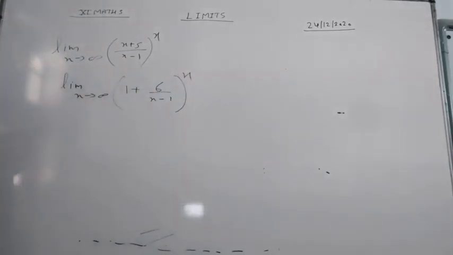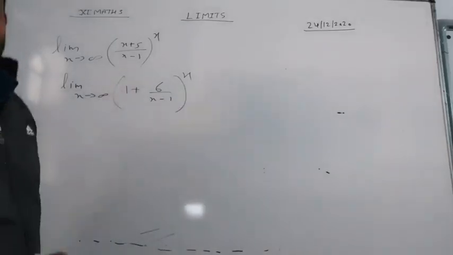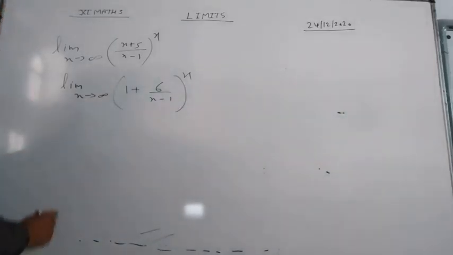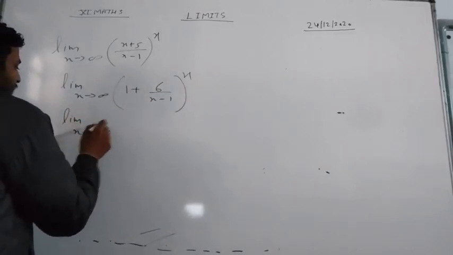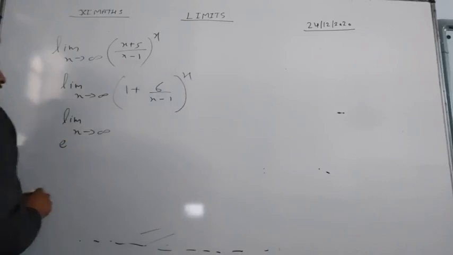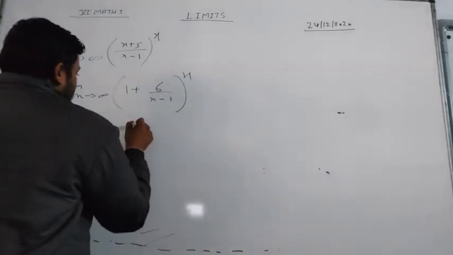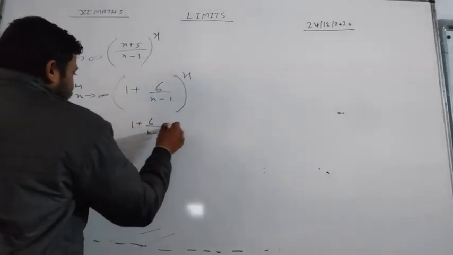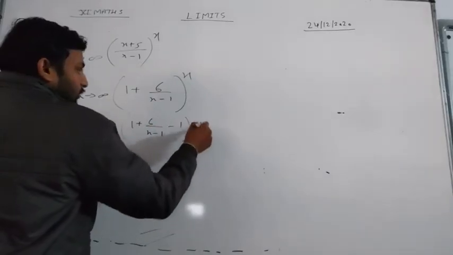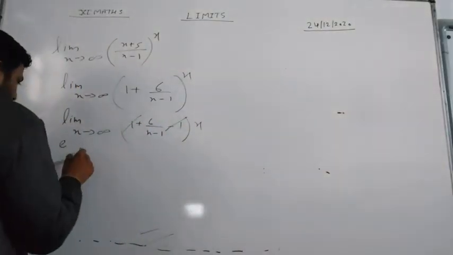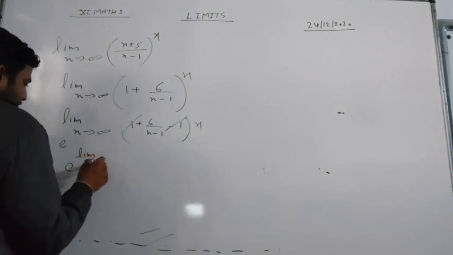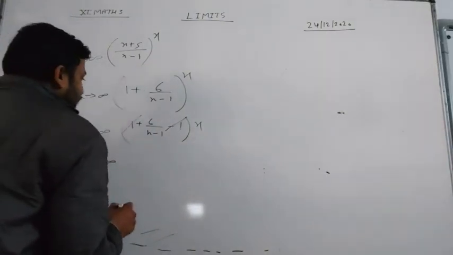Now this is our f(x) and this is g(x). Now limit x tends to infinity, we write e to the power limit x tends to infinity of (f(x) minus 1) into x.